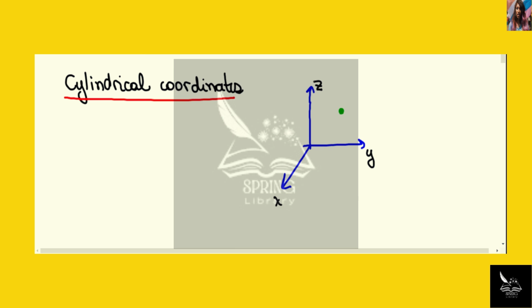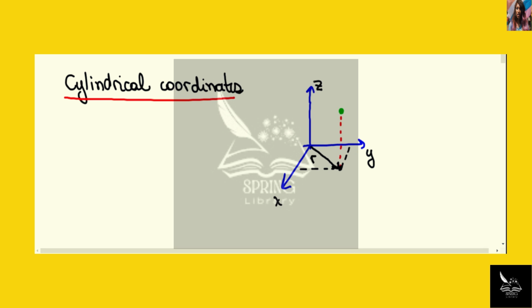Okay, so first we project the particle's position in the xy plane, so like this, I'm just projecting it, and in the xy plane we take the distance between the origin and the projected position of the point, and we call it the coordinate r.